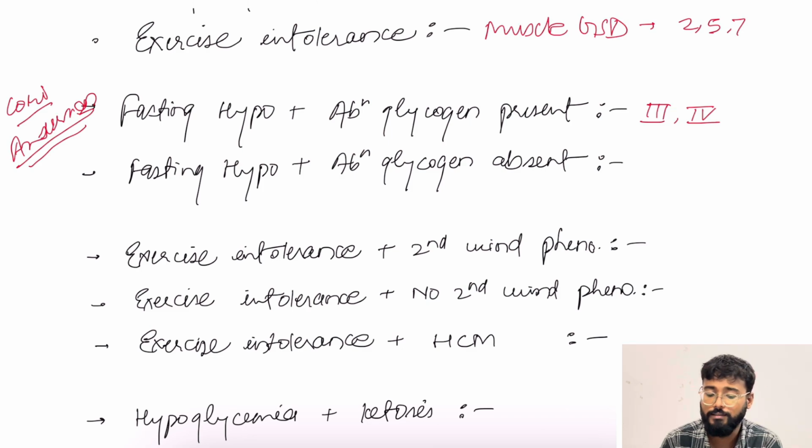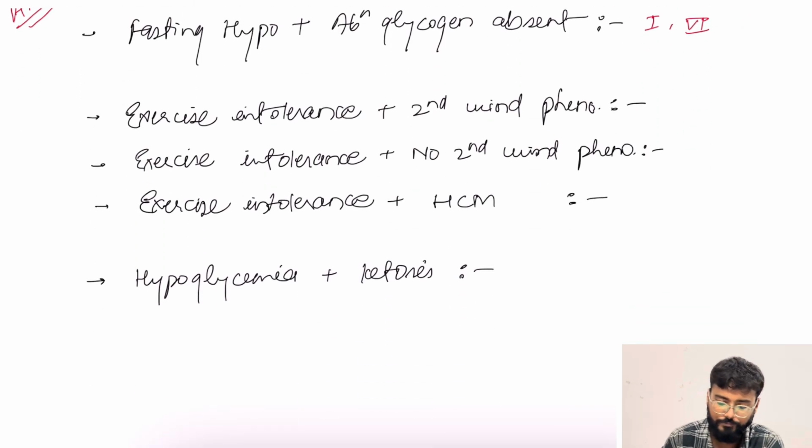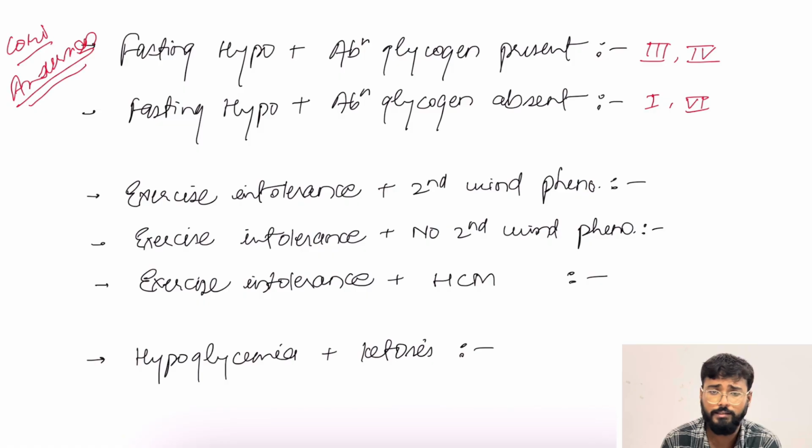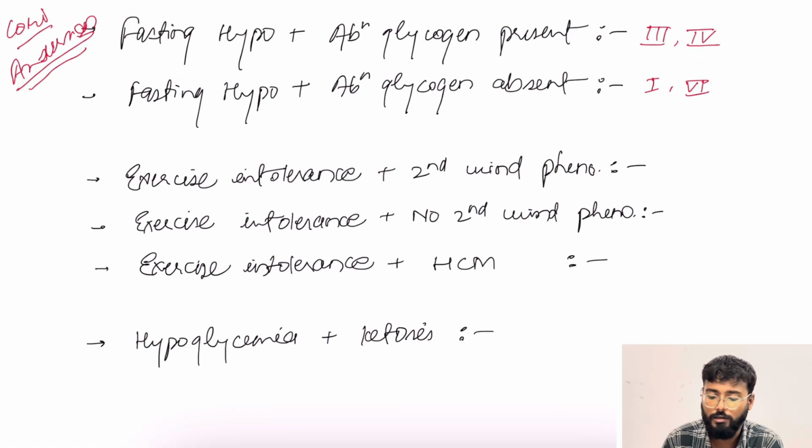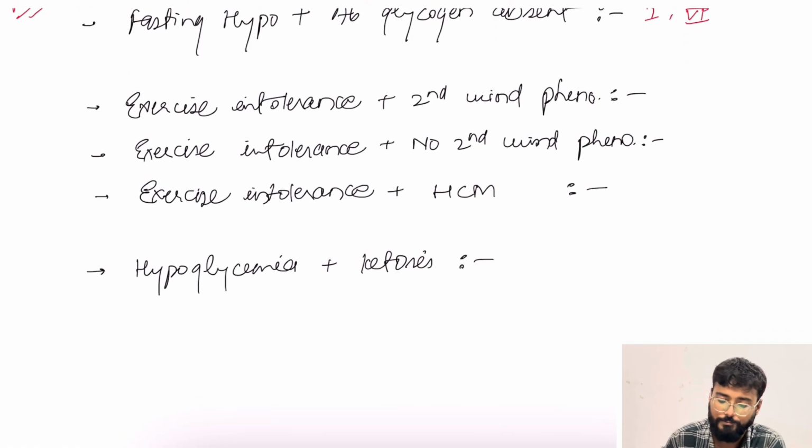So whenever the question says fasting hypoglycemia plus abnormal glycogen present, it is either 3rd or 4th. If along with fasting hypoglycemia the question says abnormal glycogen is absent, it is either your 1st one or your 6th one, the rest of the liver GSD, because in 1st and 6th abnormal glycogen is absent.